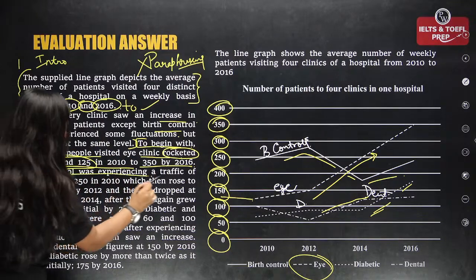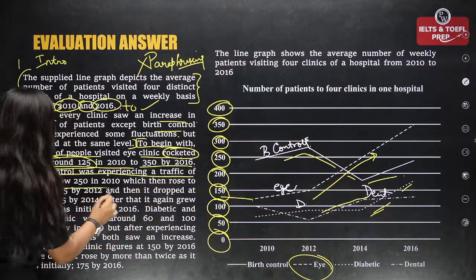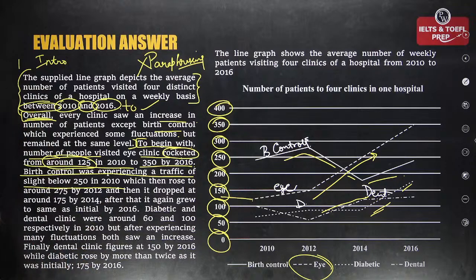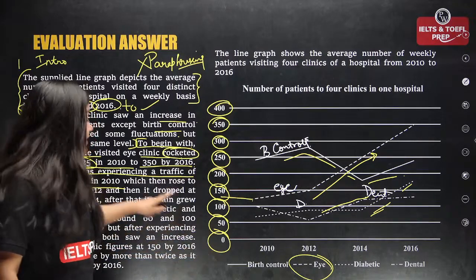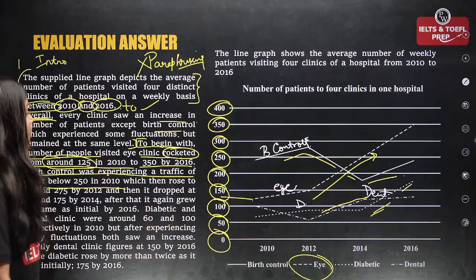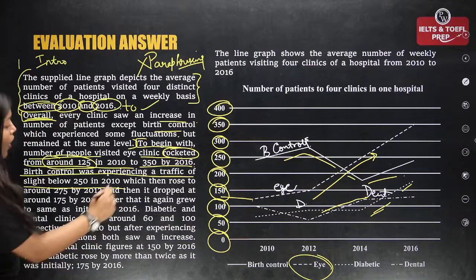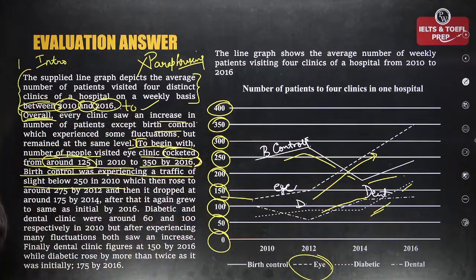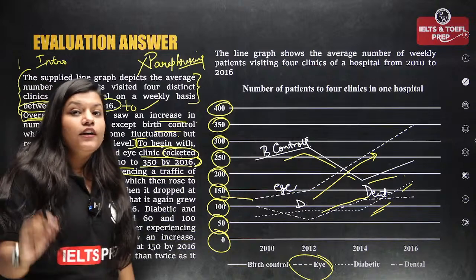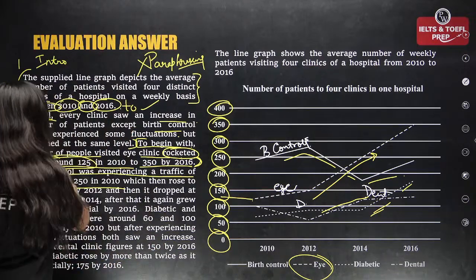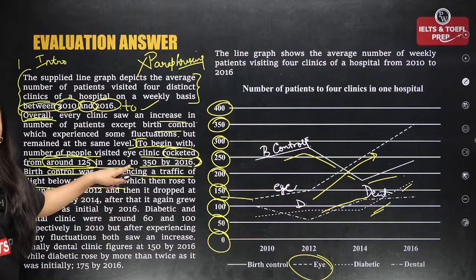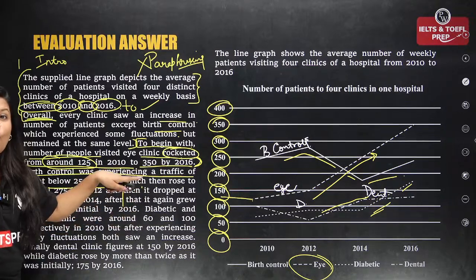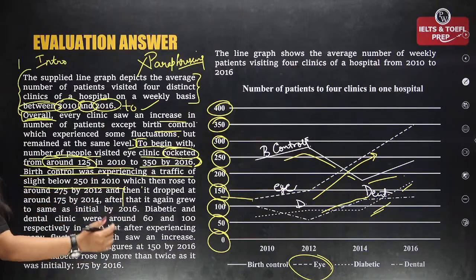Okay, now. Birth control was experiencing a traffic of slightly below 250 in 2010. No doubt the student has started another category, but the transition is missing. All of a sudden ending this topic over here and not showing any transition. The student could have used connectors over here in order to show a proper transition of the data. Okay, so what can be used?